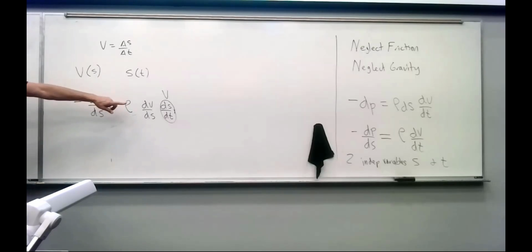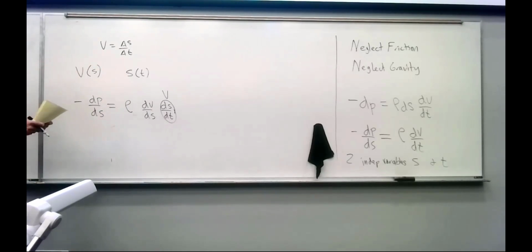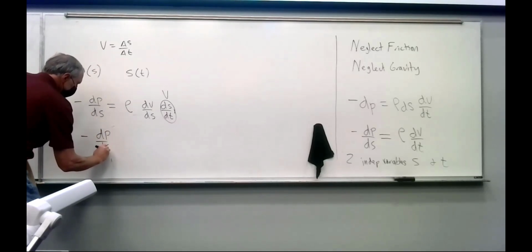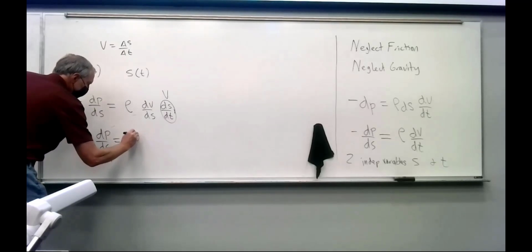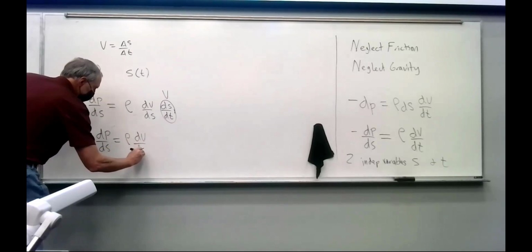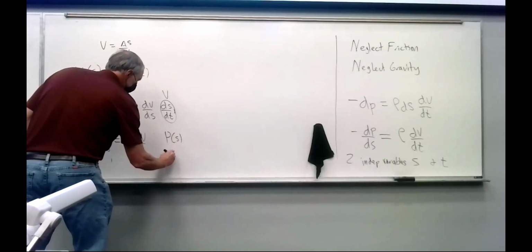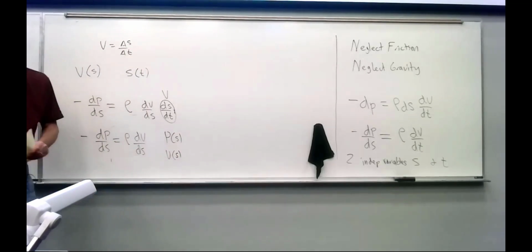That's the relationship between position and time. So now we have a nice, neat differential equation of pressure as a function of position and velocity as a function of position.